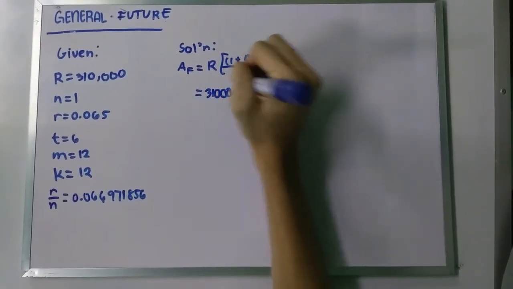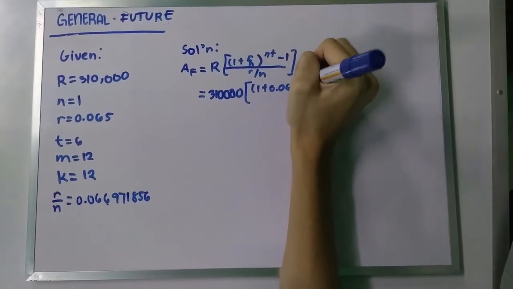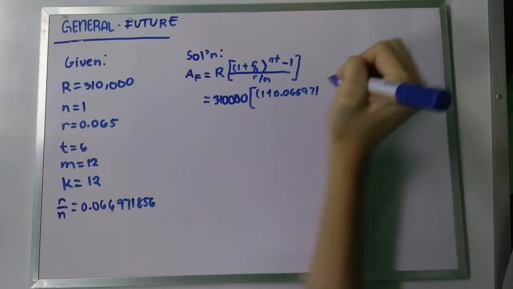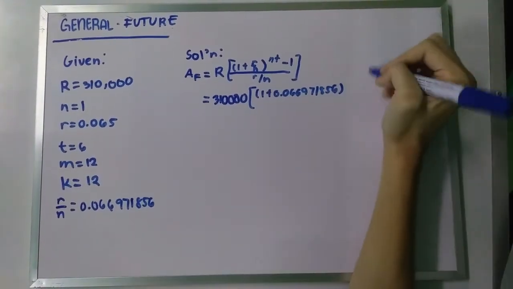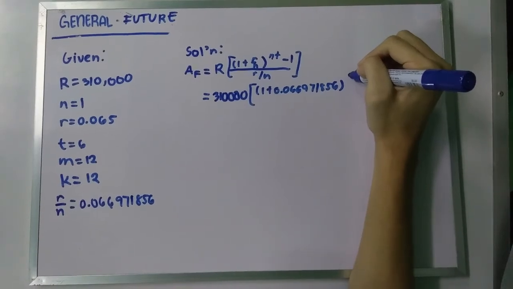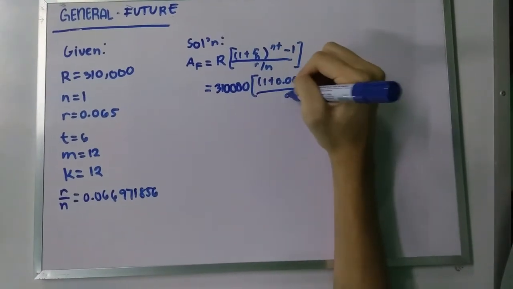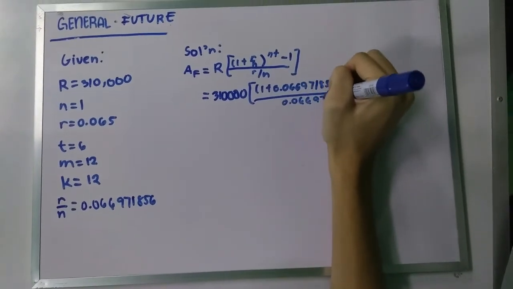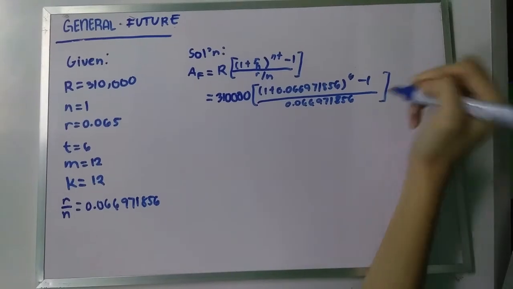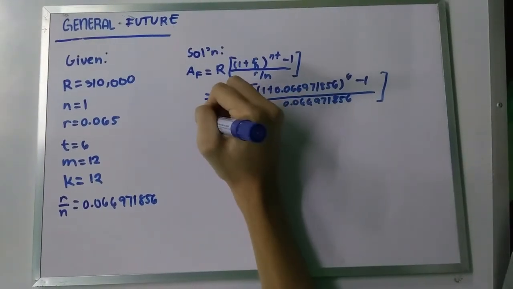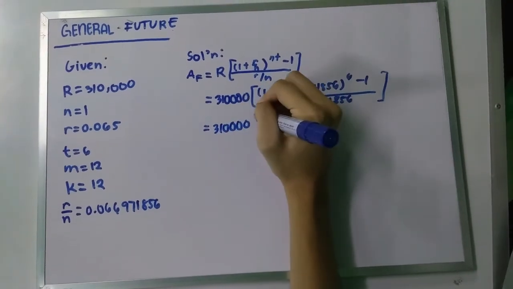So 310,000 times the quantity of 1 plus 0.066971856, which we got from our first solution, to the power of 1 times 6 minus 1, all over 0.066971856.